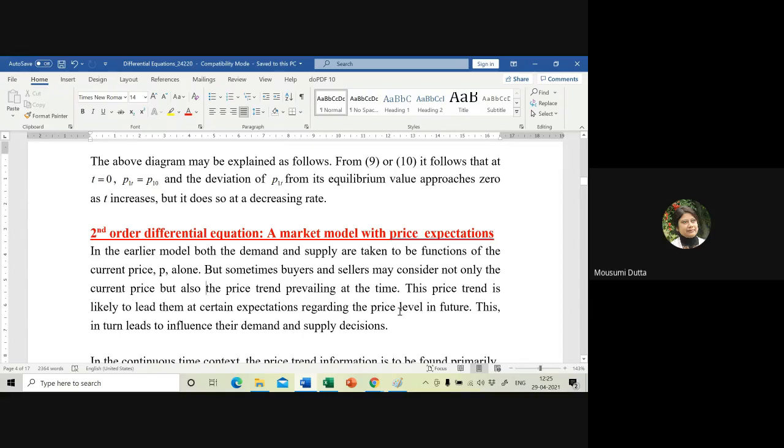You have some knowledge about the price trend for this particular commodity or service. So while you are trying to set the price in 2021, you are keeping the price trend starting from, say, 2015. So for the last 5 years, you are keeping the trend in your mind, and only then you are setting the price. So it's a complicated matter.